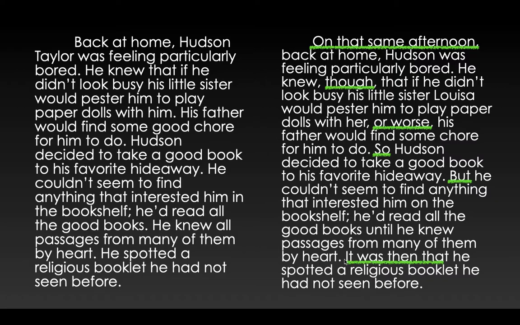But then, when you have this transition right here, you can make sense of how this sentence is connected to the previous sentence. It was during that time that he was looking for a good book that might interest him that he found this booklet that will forever change his life, right? So do you see where I'm getting at?